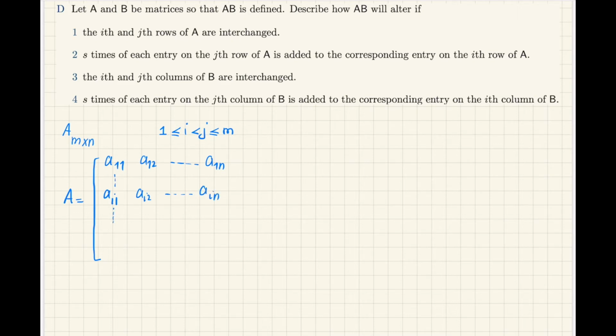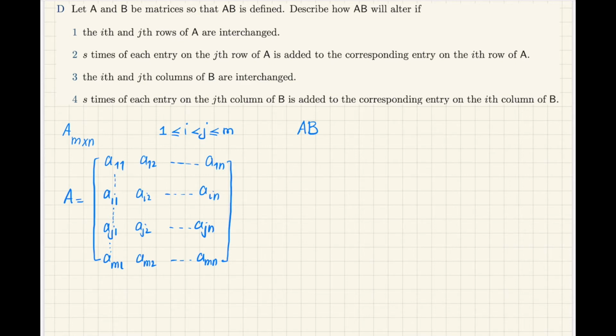And then I continue until I reach the jth row, so it becomes aj1, aj2, and then I will reach ajn, and then I will continue until the very last row, which is am1, am2 until amn. So now what is happening? This tells you that you take this matrix and multiply it on another matrix from the left, you get this product AB.